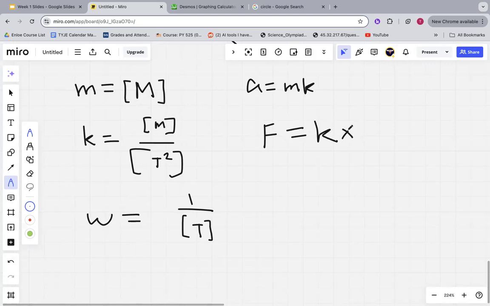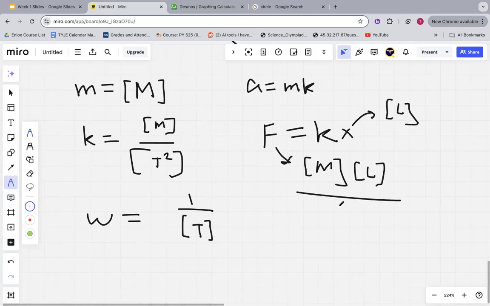I know that X has dimensions of length, and I know that F has dimensions of mass times length divided by time squared. This should be on the outside. And so just by dividing this, I get this here.